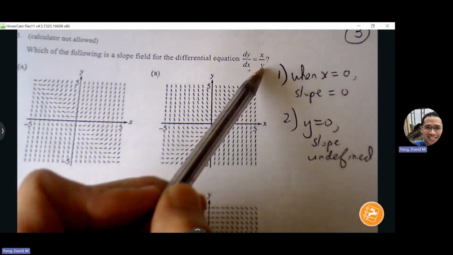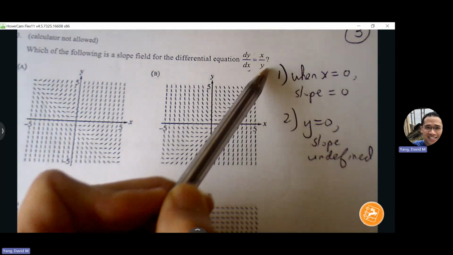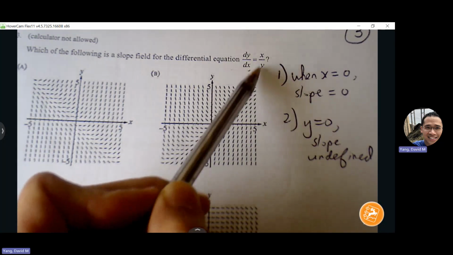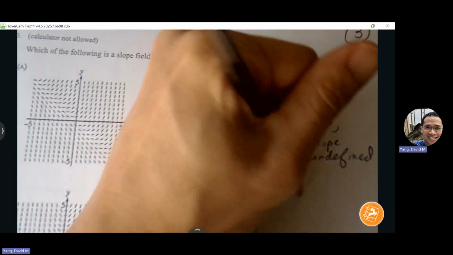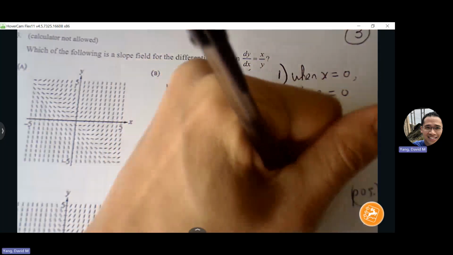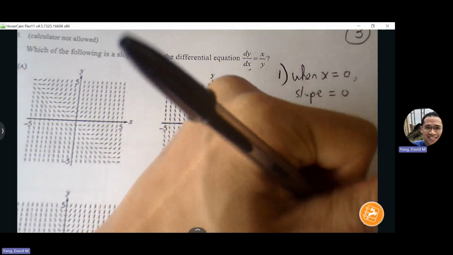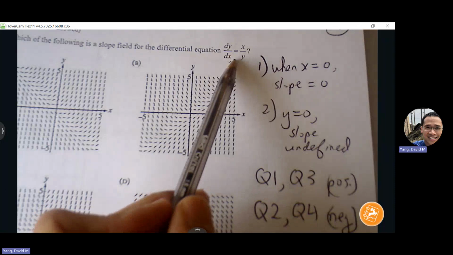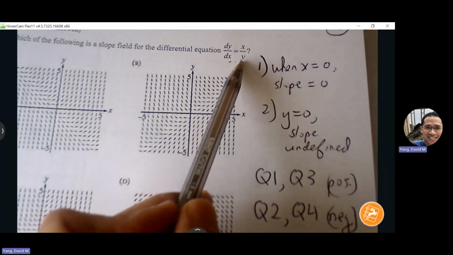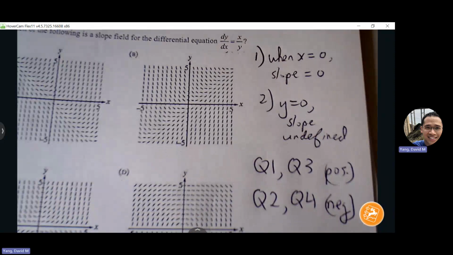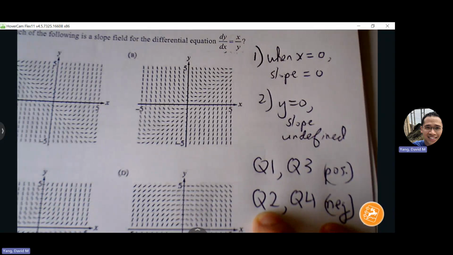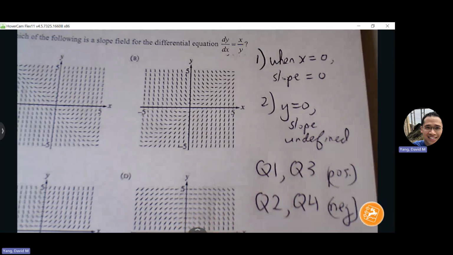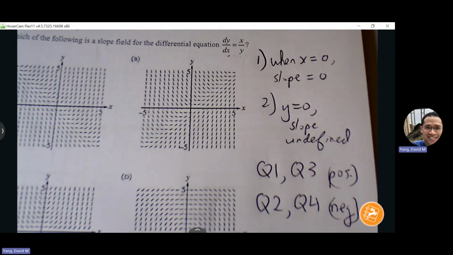I know that first and third quadrants should give me positive numbers, because 2 over 2 or -3 over -3. So quadrant 1 and quadrant 3 should be positive. Quadrant 2 and quadrant 4 should be negative, because if I imagine -2 over 4 or 3 over -1, right? So the quadrants are going to be very specific, right? Only one type of slope is going to exist in each quadrant.